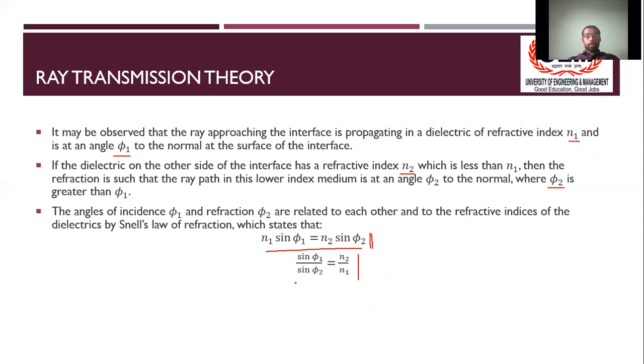Now, to make light propagate through the core region completely without losing any information, what we want is that light should be reflected inside the core instead of refraction.